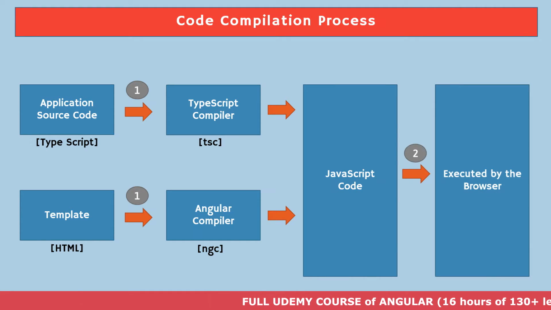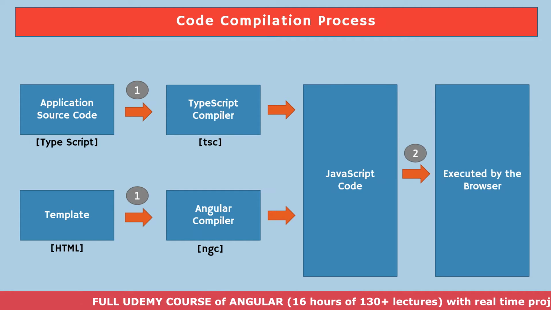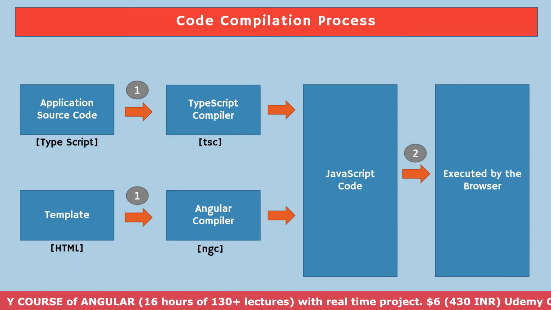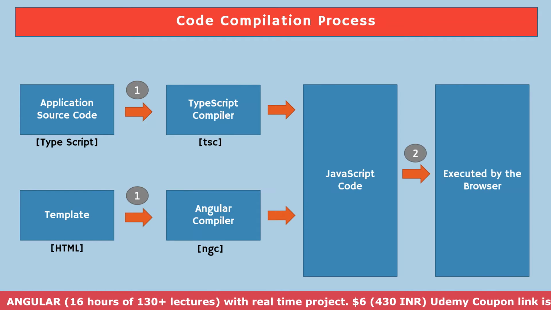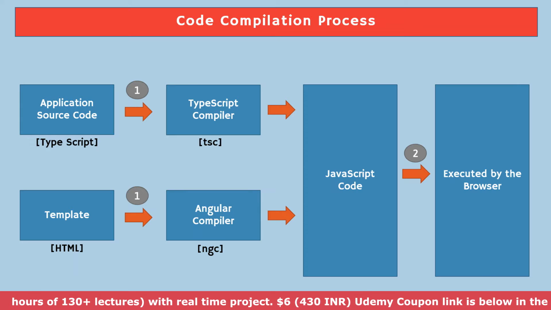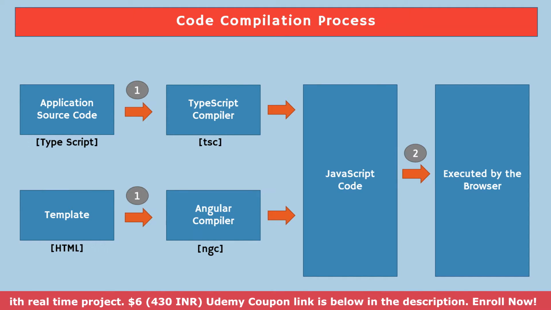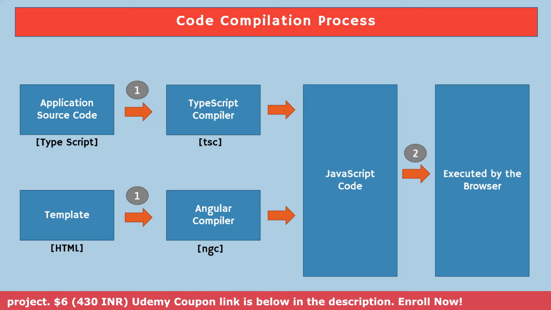The benefit of converting the HTML code into JavaScript code is that the DOM elements can be dynamically manipulated by the script based on the changes to the application data. For example, when the price of the product is changed in the program, the same value will be automatically reflected in the corresponding text box at runtime.